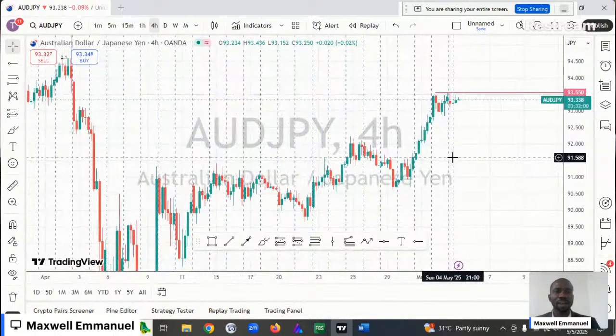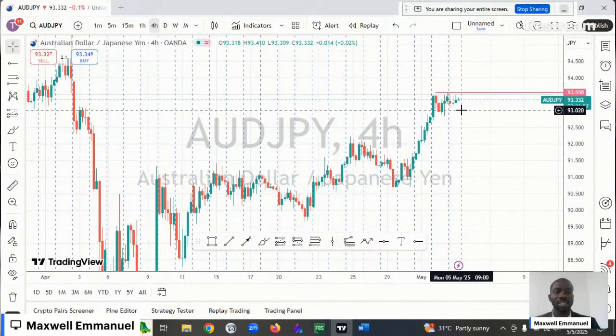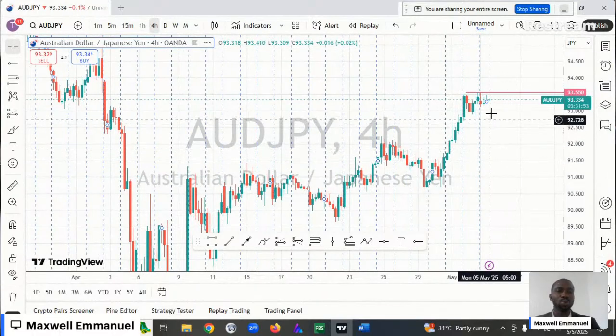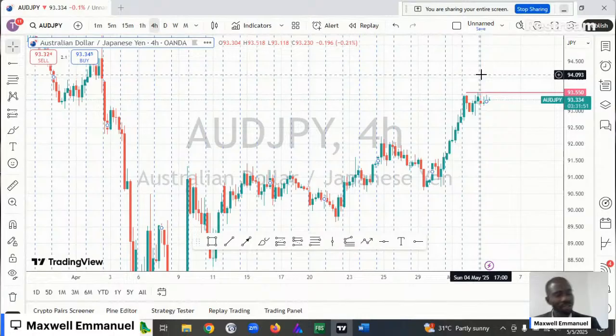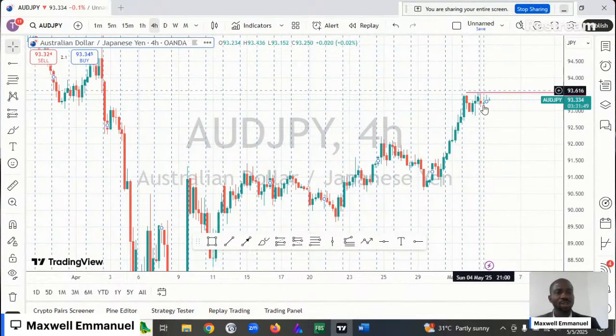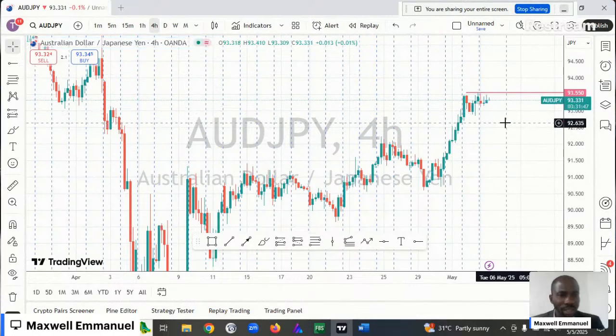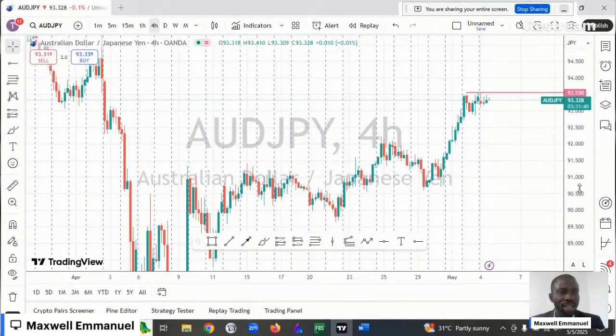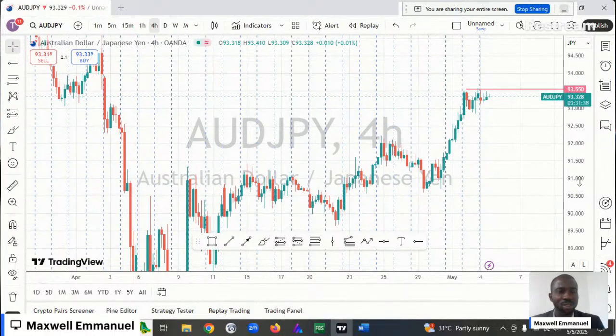Once you're able to identify a bearish reversal pattern on the chart, then you go to Finviz and ensure that Australian dollar is weak. At the moment, you can see the previous 4 hour looks like a shooting star. But if you go to Finviz, Australian dollar is still very strong.